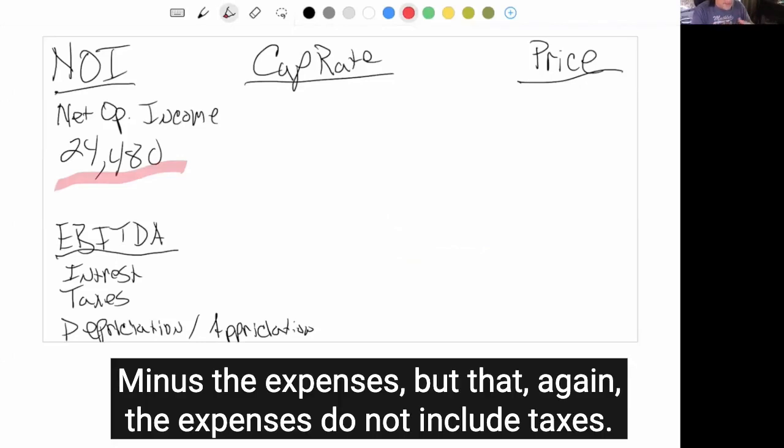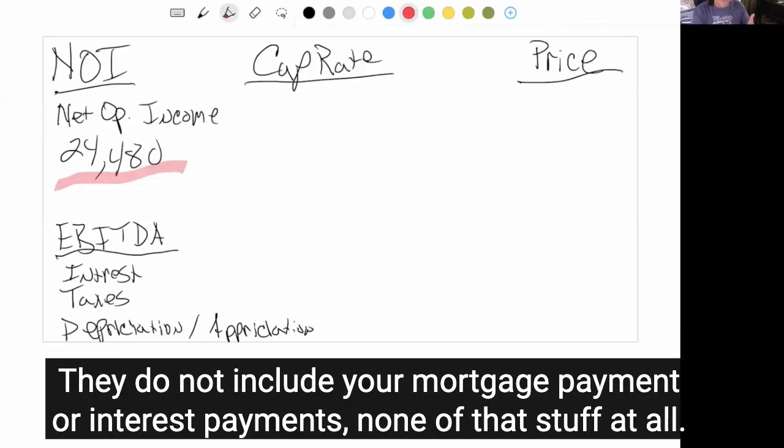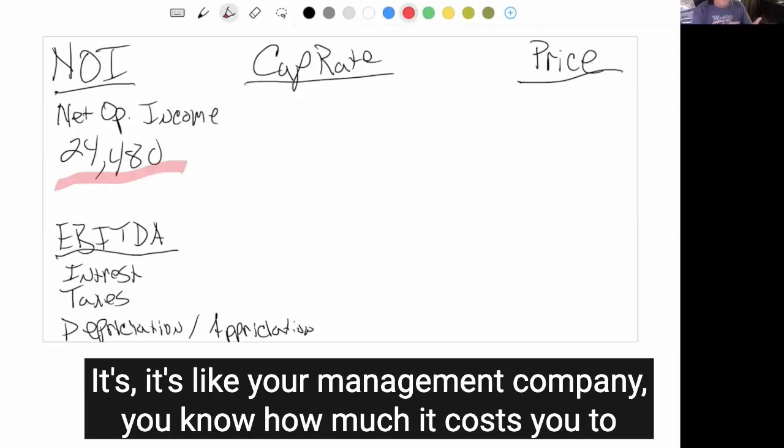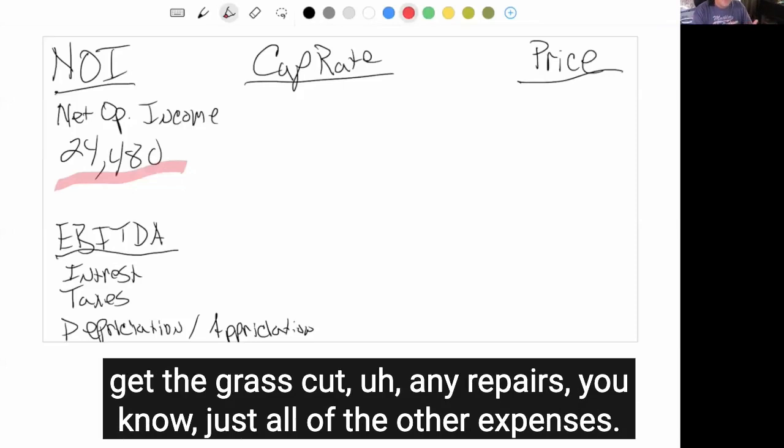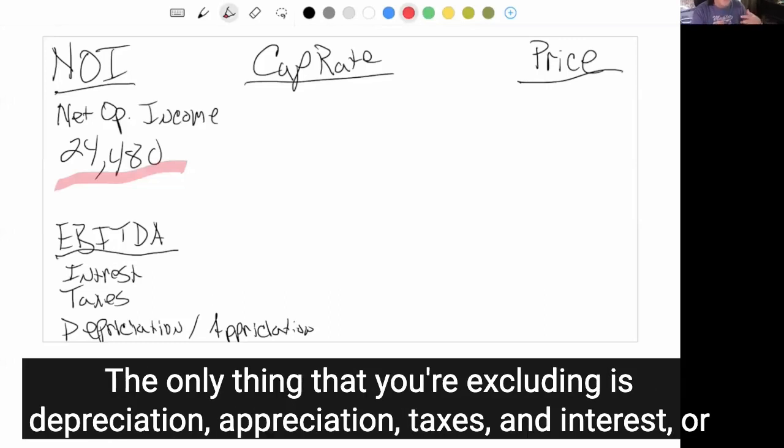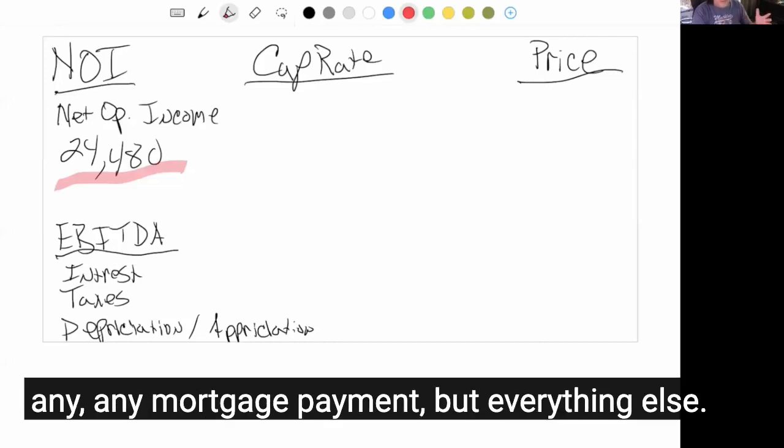The expenses do not include taxes. They do not include your mortgage payment or interest payments, none of that stuff at all. It's your management company, how much it costs you to get the grass cut, any repairs, all of the other expenses. The only thing you're excluding is depreciation, appreciation, taxes, and interest or any mortgage payment, but everything else is included.